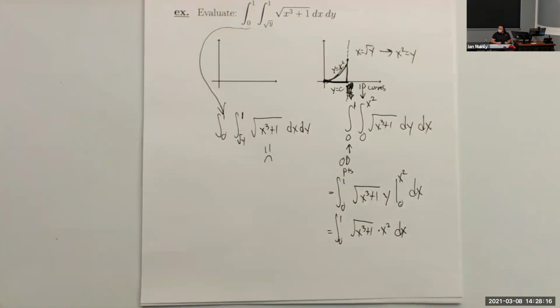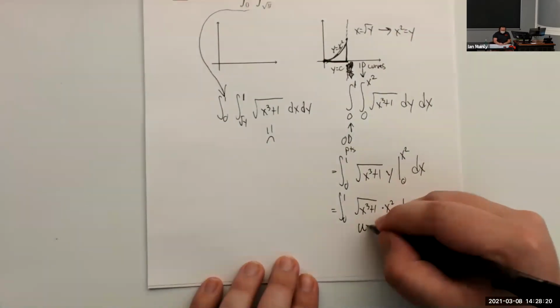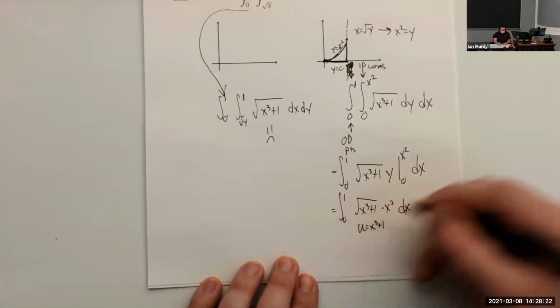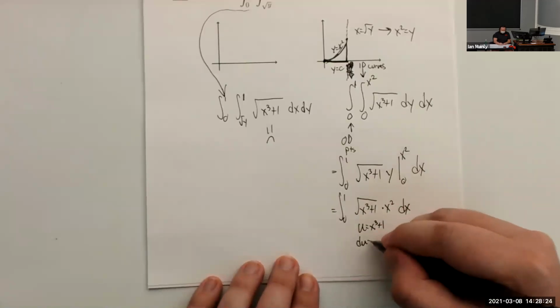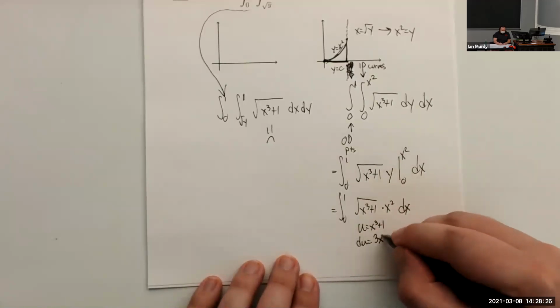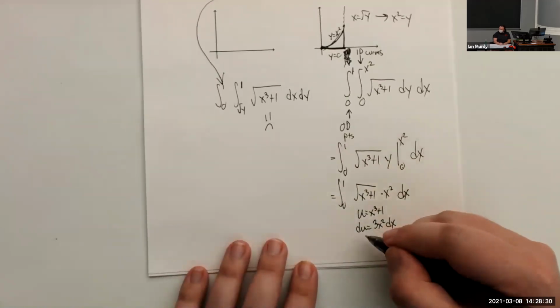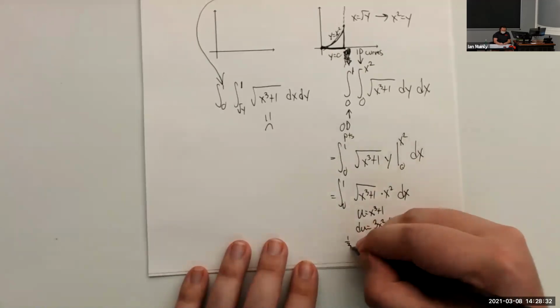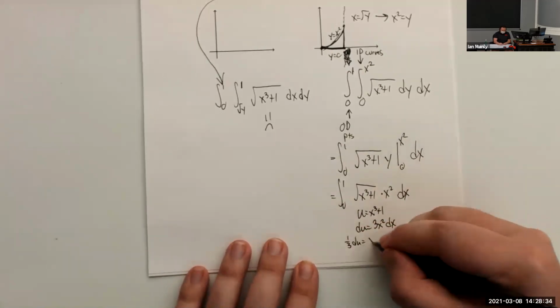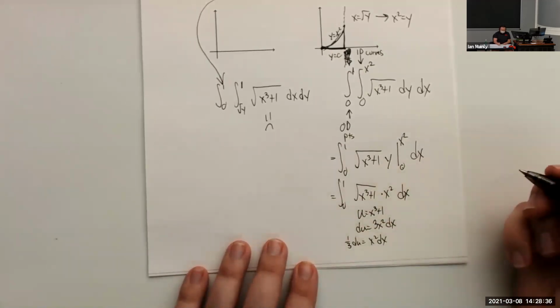It looks like u sub is the choice here. So I'm going to make my u the x cubed plus 1, du will be 3x squared dx. So I'm just going to divide this by 3. 1/3 du is x squared dx.